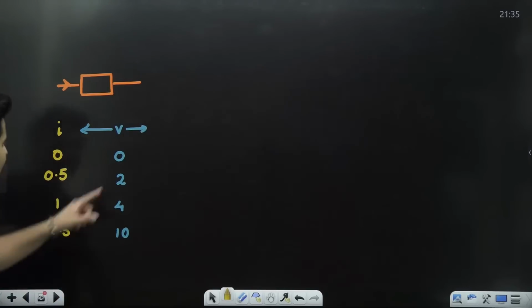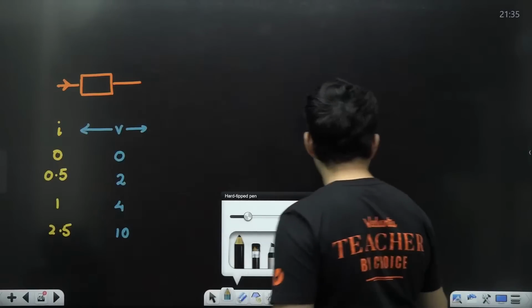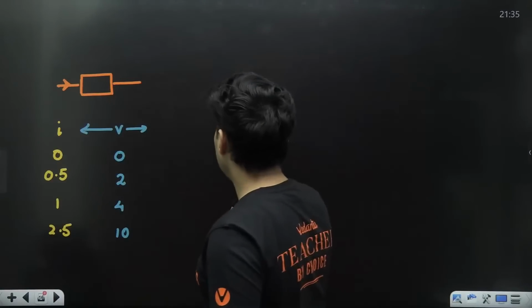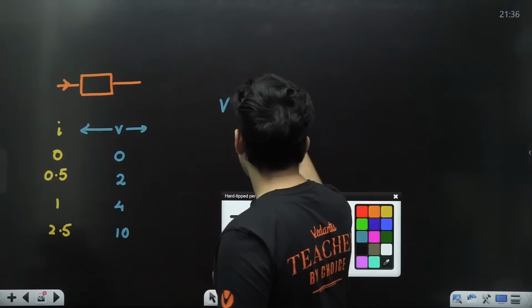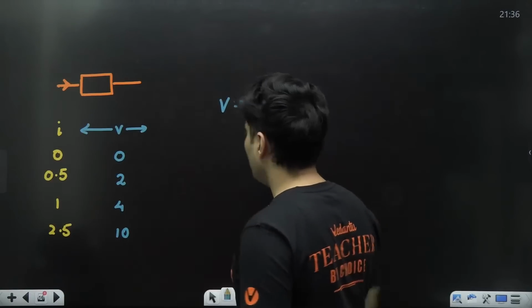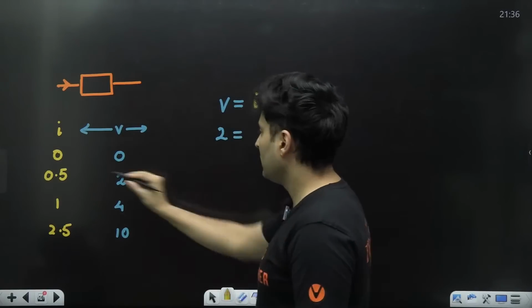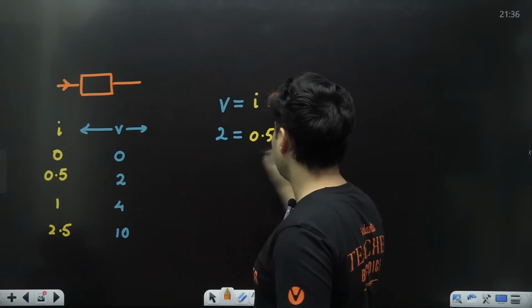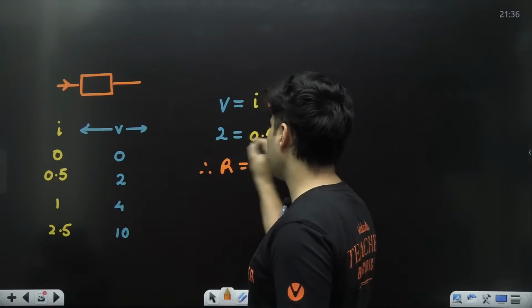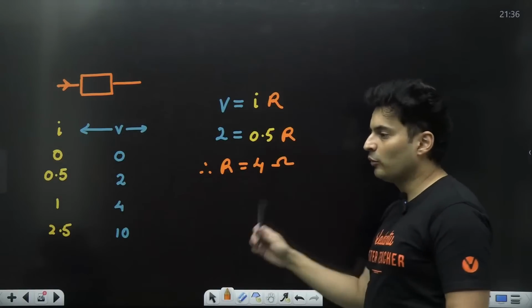He saw that the current is directly proportional to the voltage. If I write V = I × R, take any value, for example 2 = 0.5 × R. I will get the resistance as 2 by 0.5, which is 4 ohm.